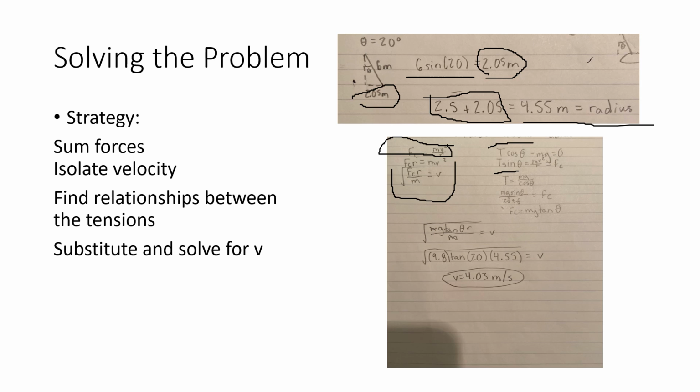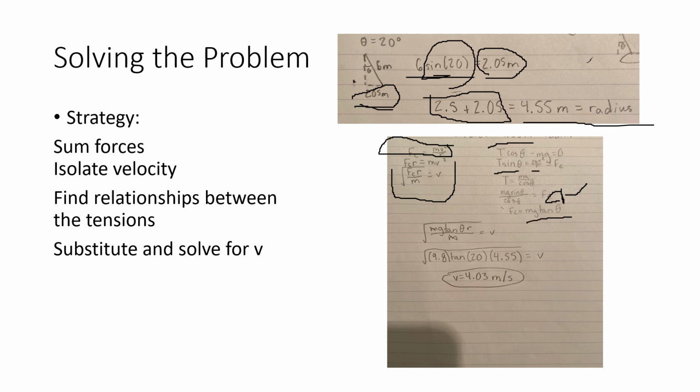Then, knowing this, we can use mv squared over r equals tension sine theta, because that's the component, this component right here, sine theta, that is going toward the centripetal, radial direction, and we can solve for Fc, which gives us Fc equals mg tan theta.